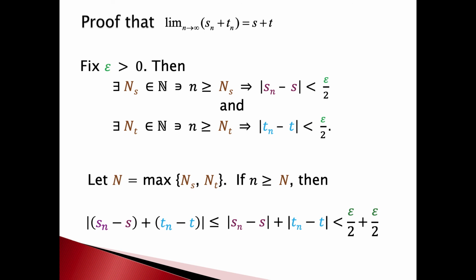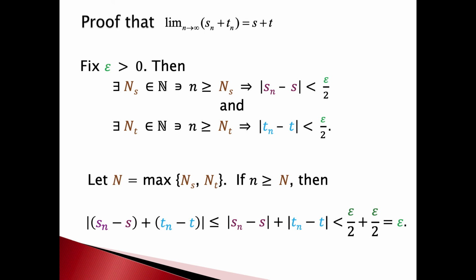Sn's converging to S, Tn's converging to T, and so I use what we know about them converging, and by using my trick of using epsilon over 2 instead of epsilon earlier, now I have an epsilon over 2 plus an epsilon over 2, which of course gives me epsilon, and voila, there we go. We've used the definition of convergence of sequences to prove that the sequence Sn plus Tn converges to the number S plus T.